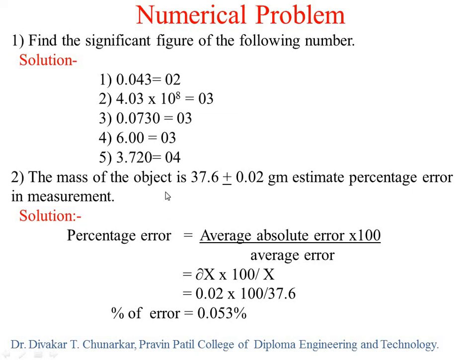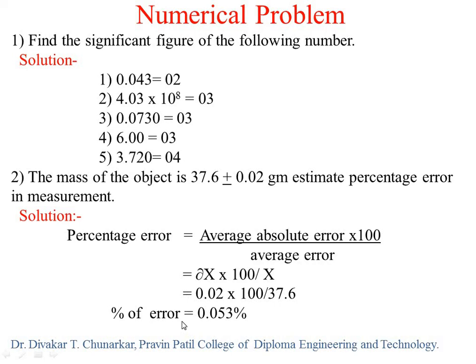So first we know the formula for percentage of error, and then we have to put all the values in this formula, multiply and divide. Very simple, very easy, you should already know. And then we get the percentage of error.